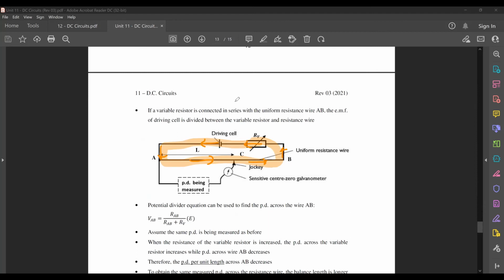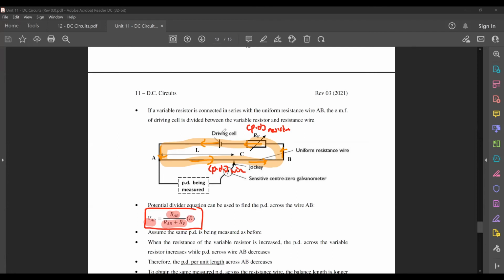So if you wanted to find the PD across the wire, you could easily just use the potential divider equation, where VAB is the resistance AB divided by resistance AB plus resistance of the variable resistor, times E itself.